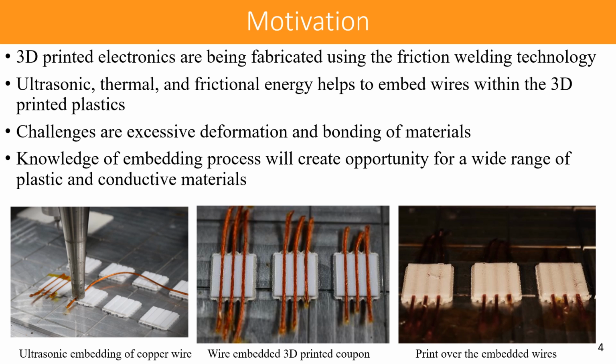That could be high temperature plastic, low temperature plastic, different types of plastic material. This is the representation of the embedding of the solid conductor into the plastic material, and then printing over the solid conductor to fabricate the wire embedded coupon.